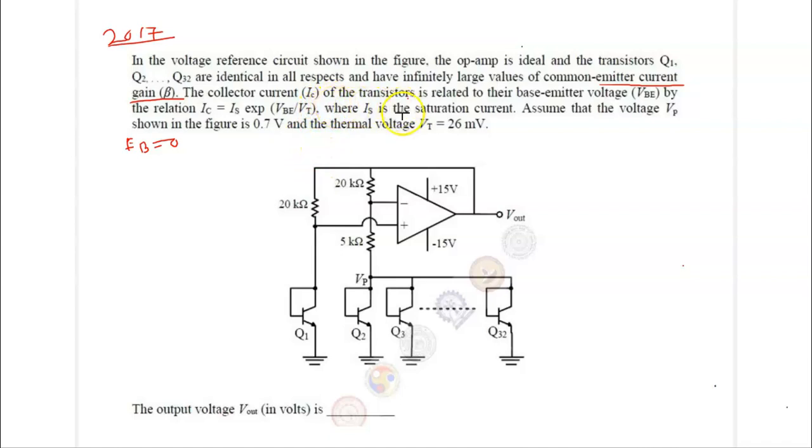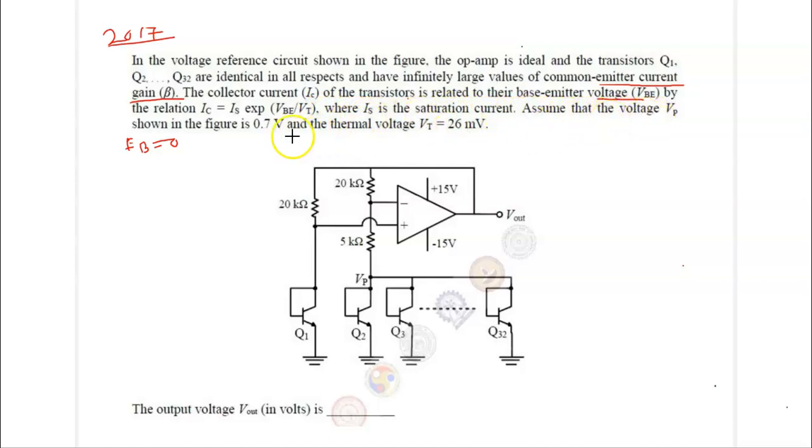Collector current IC of the transistors is related to their base emitter voltage VBE by the relation IC equal to IS e to the power VBE upon VT. This is the same diode equation except you don't have the plus 1 here, so it is neglected, where IS is the saturation current.